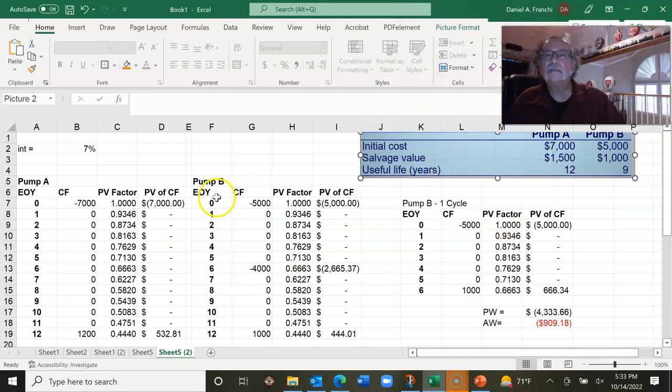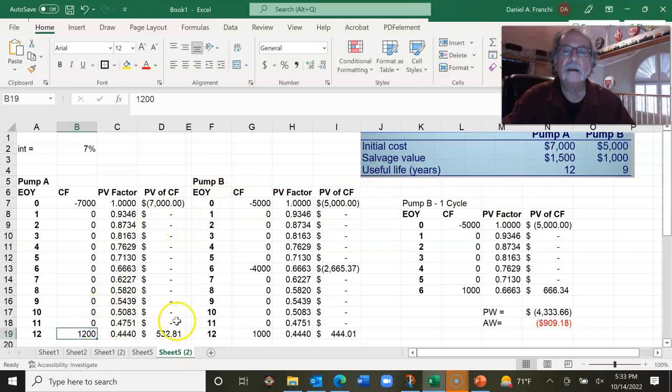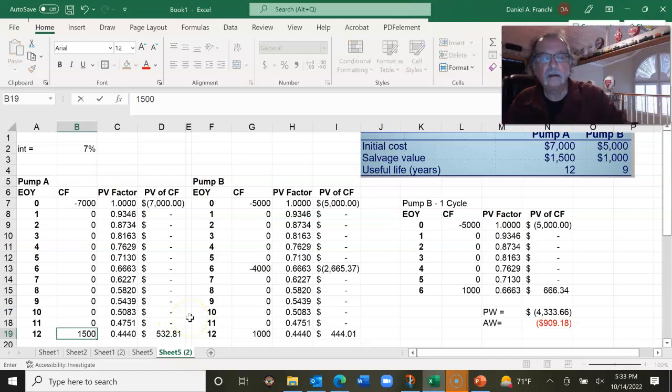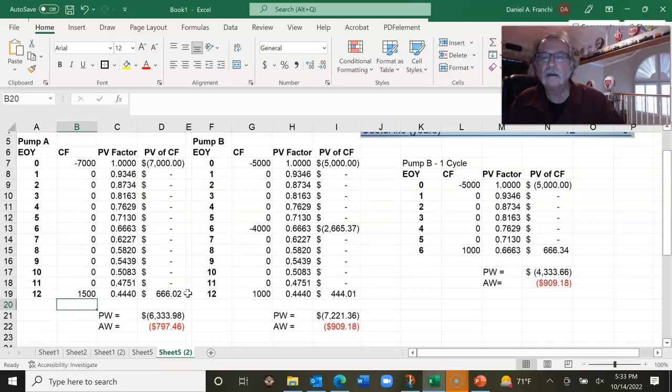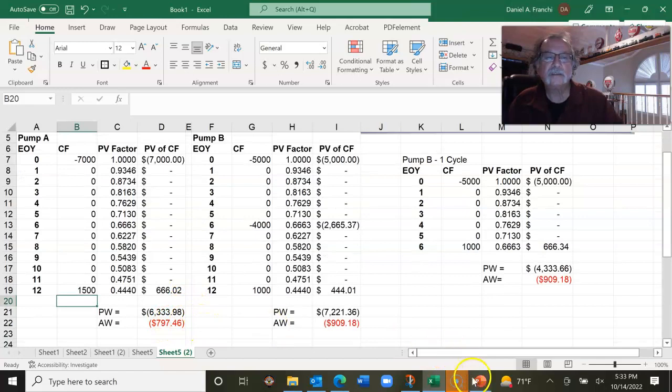Okay, 7,000, 1,500. $797.46 is the value.